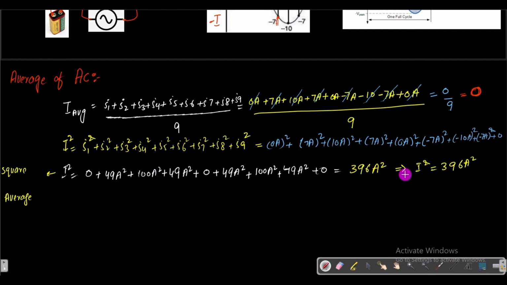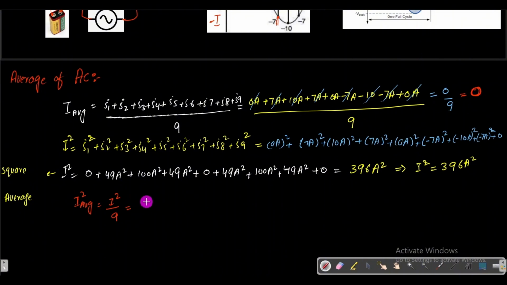The average of this current, let's say I average, is equal to this I square average, which is this I square value divided by these 9 values, so divided by 9.